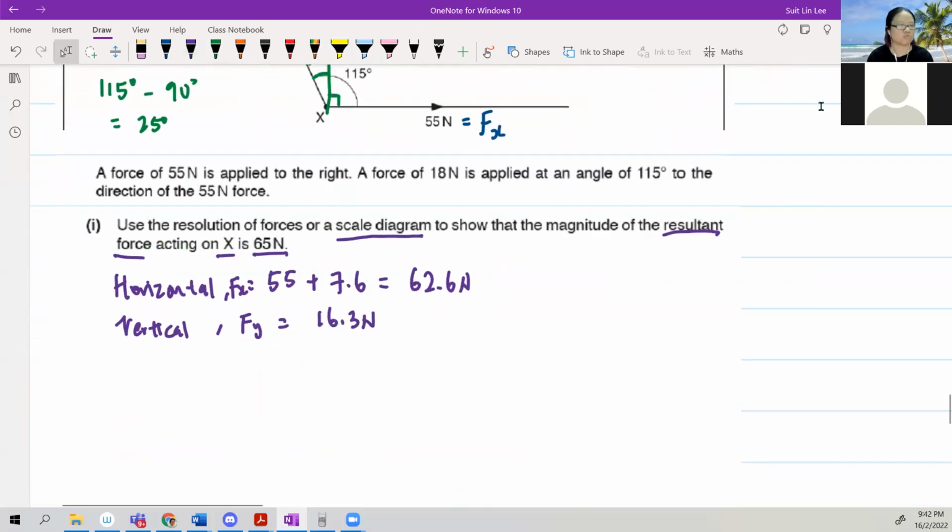So now you have these two. In other words, if I draw a vector, I will have 62.6 in this direction, and then I move up by 16.3.